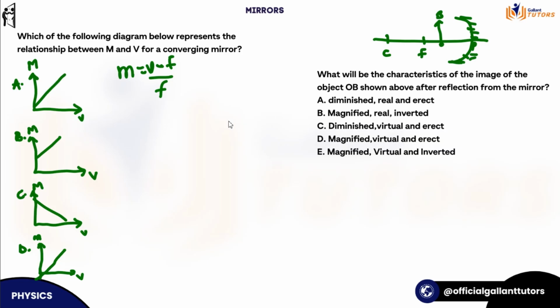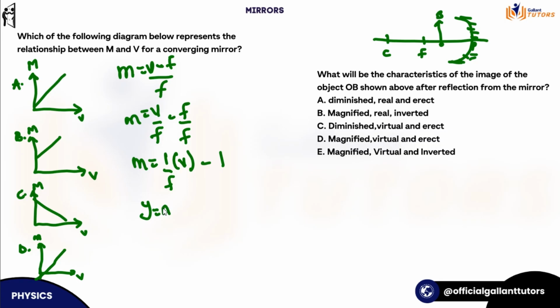Okay, so now let's solve: V over F minus F, right? So M is equal to, okay, sorry, here it's 1 over F, minus 1, exactly. So let's relate it to this equation. Our y will be M, that's true for everything.